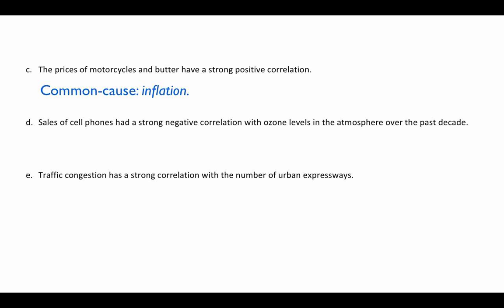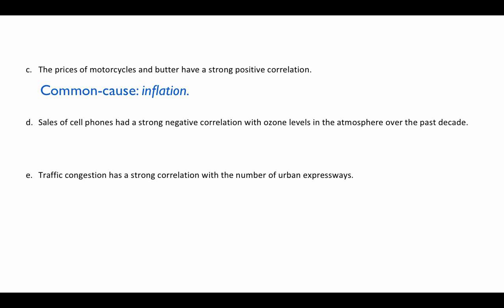Okay, so here's D. The sales of cell phones had a strong negative correlation with ozone levels in the atmosphere over the past decade. So sales of cell phones have gone way up, and ozone levels have gone way down. So then the question is, is there something about manufacturing, buying or selling cell phones that has changed the ozone levels for the better?